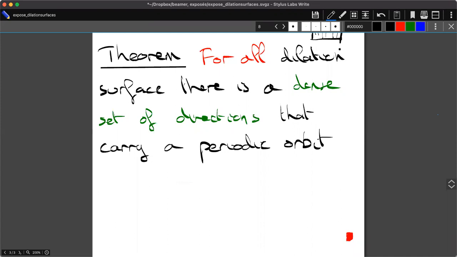The specificity of our setting is that you have only finitely many dimensions to parameterize the set of all interval exchanges, which is not the case of Peixoto's theorem.